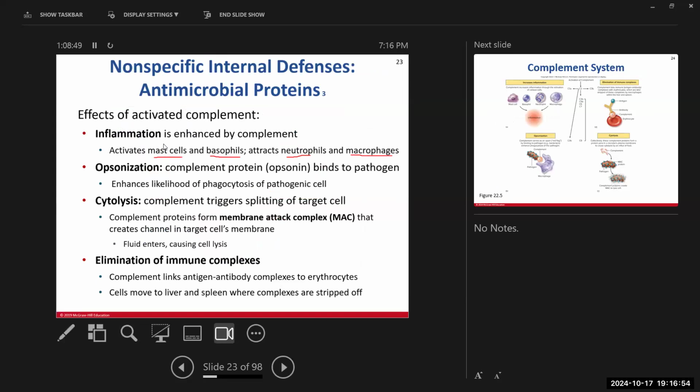All right, and so with opsonization, we're actually going to see a binding to the pathogen here. So essentially we're almost going to put a label on something, right? I like to consider myself thrifty. Some people would call me cheap, whatever you want to call me, all right?